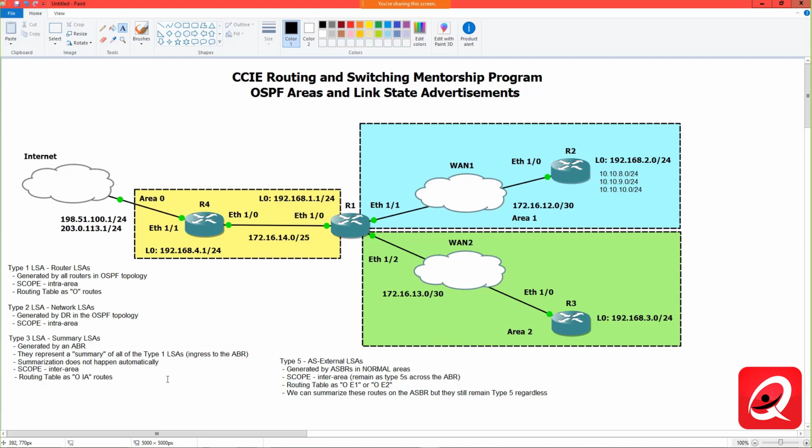So we inject these type 5 LSAs by redistribution. All right. These type 5 LSAs will contain metric and cost information, pretty much like a type 3. We haven't talked about type 4 yet, but we will. But because this information is external from the routing domain, there's some additional information included with these different types of LSAs.